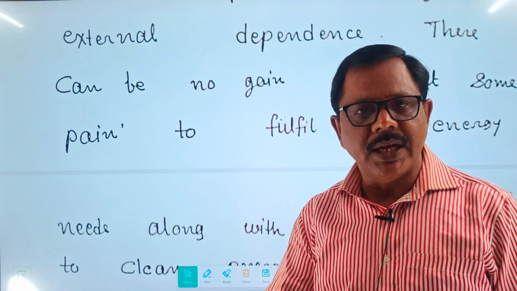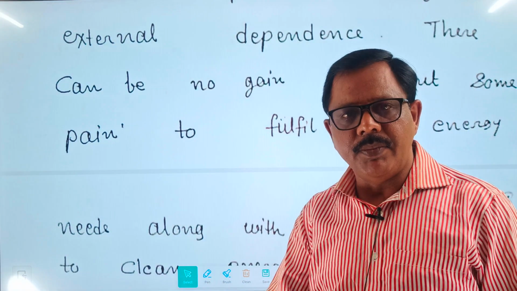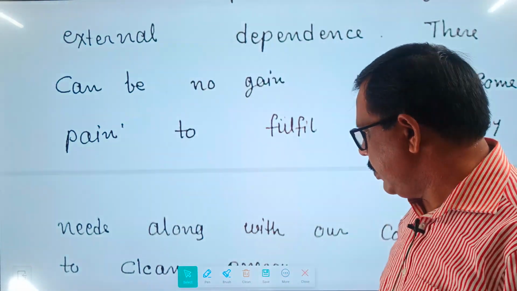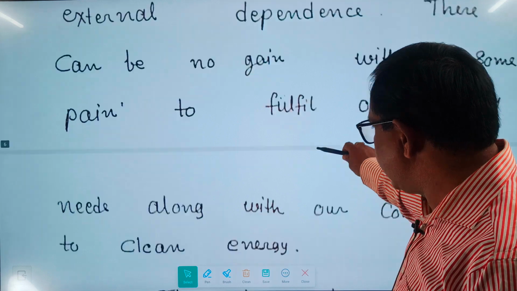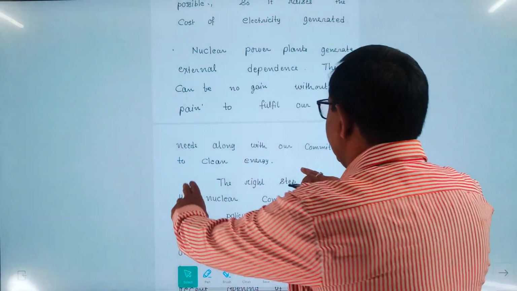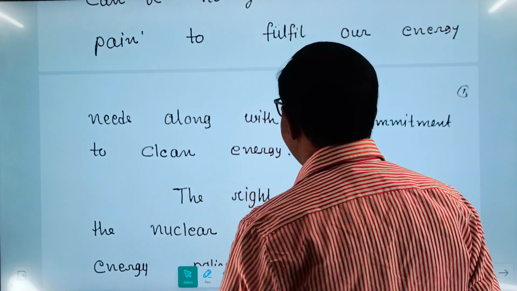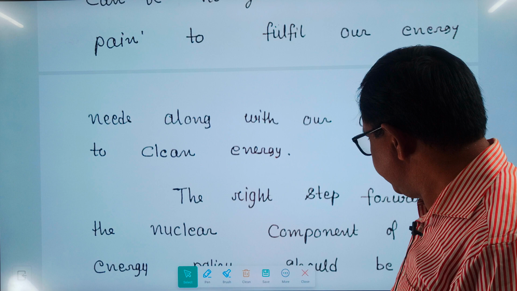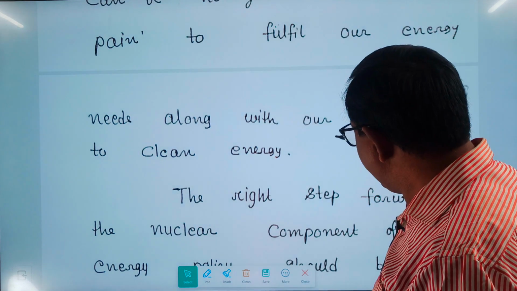So this type of explanation is required for your coming examination, for the short answer type question or the long answer type question. It needs to go along with our commitment to clean energy. So what steps do you have to mention?